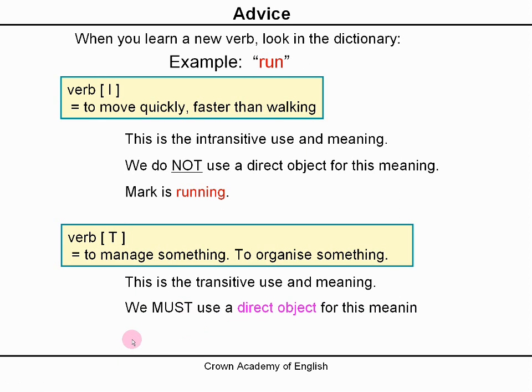And now we know that we must use a direct object, because it is transitive. So we know that we must write a sentence like this: Mark runs a hotel, which means that Mark manages a hotel. Okay, so this is why this lesson is important.